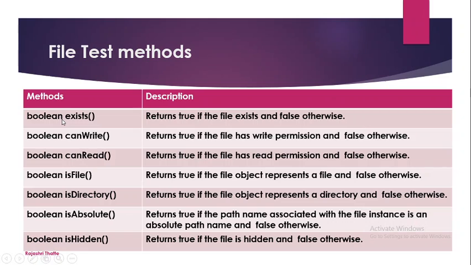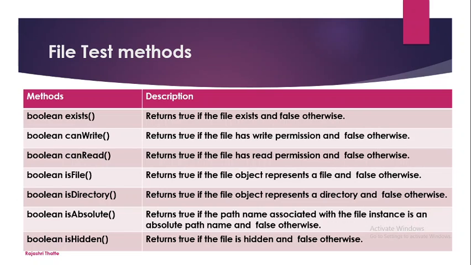If I call f2.exists and abc.txt really exists on my system, I will get a return value of true, and if it does not, I will get false. Whenever the return type is boolean, you will get either true or false. No other answer is possible.